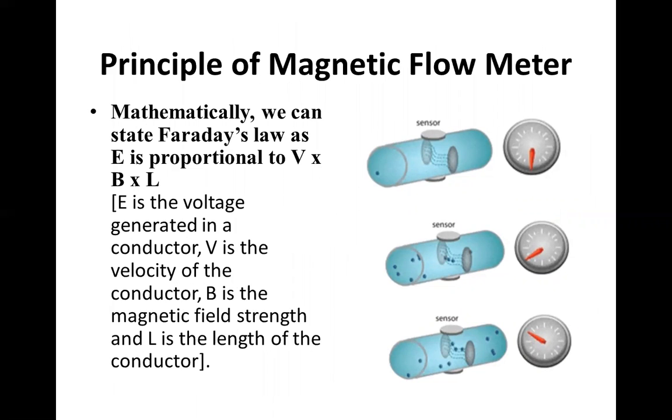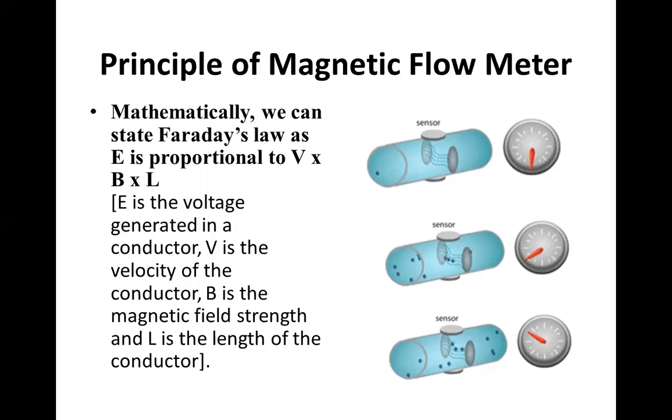Now, mathematically, Faraday's law states that E is proportional to V into B into L, where E is the voltage generated in a conductor, V is the velocity of the conductor, B is the magnetic field strength, and L is the length of the conductor.